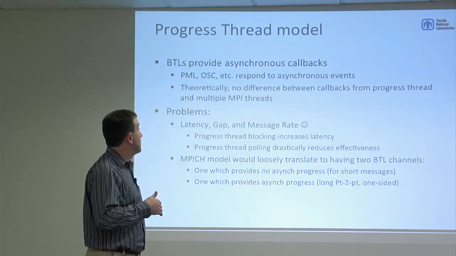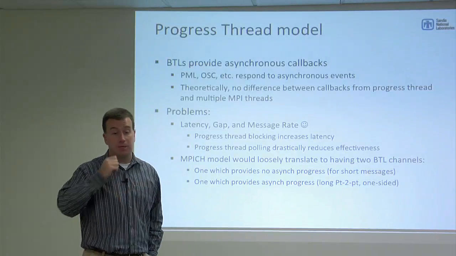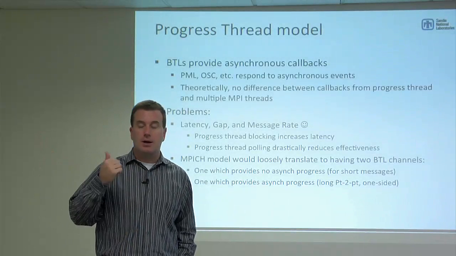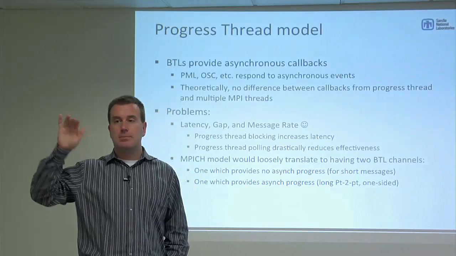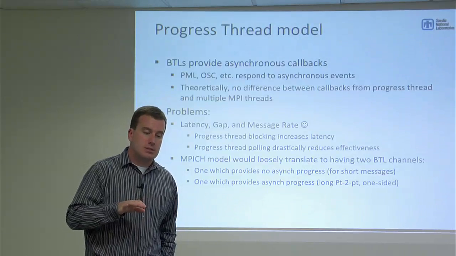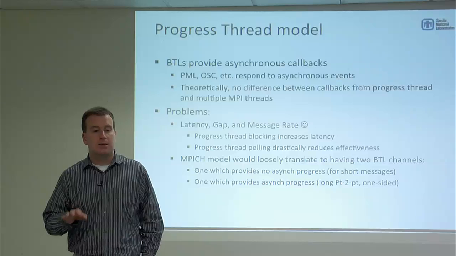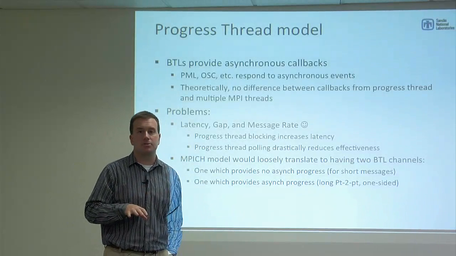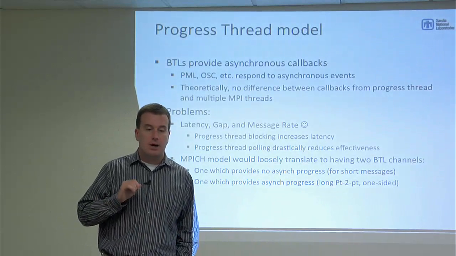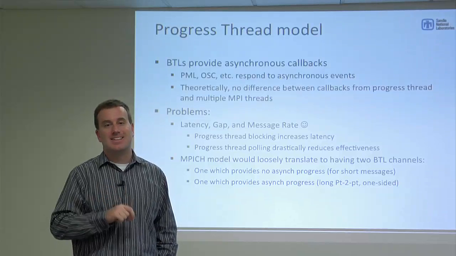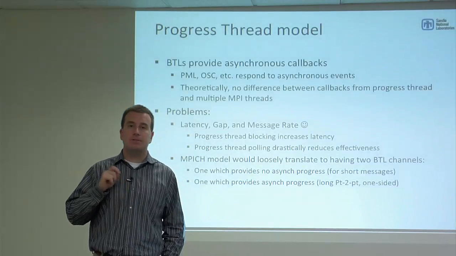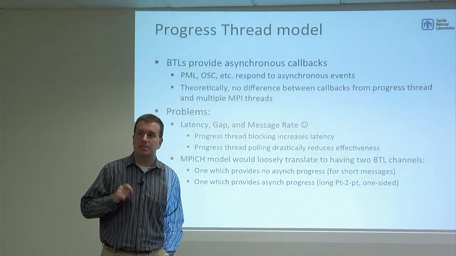Theoretically, there's no difference between callbacks coming from the BTL progress function or from a progress thread. The PML is supposed to be thread safe, so it shouldn't care. And so this just gets us to the problem. MPI cares about latency, gap, and message rate. For those who have taken a networking class, you know that these are all basically the same thing. The progress thread, if it's blocking, increases latency significantly.